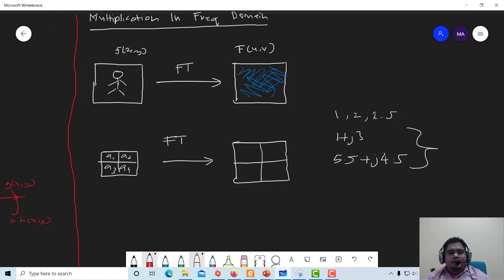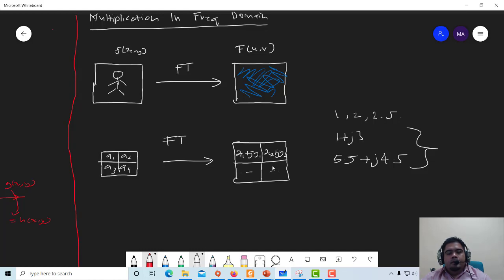You can try to apply the two-dimensional Fourier transform in MATLAB to a two-dimensional image like this, and you will realize that you get the result in the form of complex numbers, such as x1 plus jy1, x2 plus jy2, and so on.